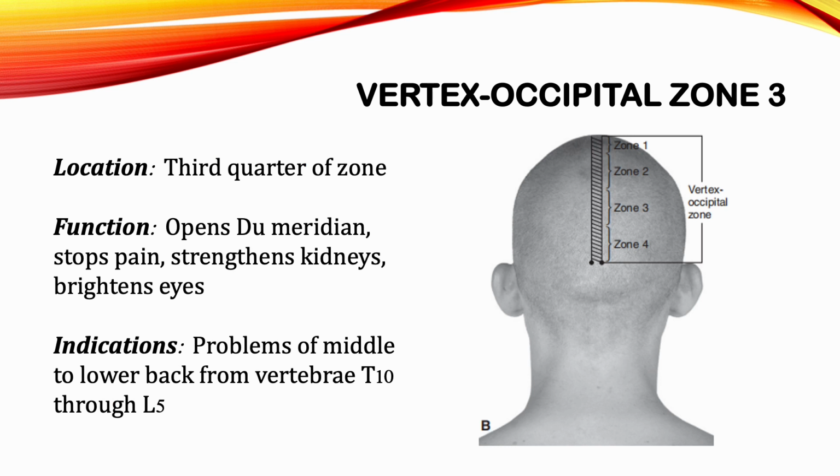Vertex-occipital zone 3, the third quarter of the zone. Opens the Du meridian, stops pain, strengthens the kidneys, and brightens the eyes. Indications: problems of the middle to lower back from vertebrae T10 through L5.